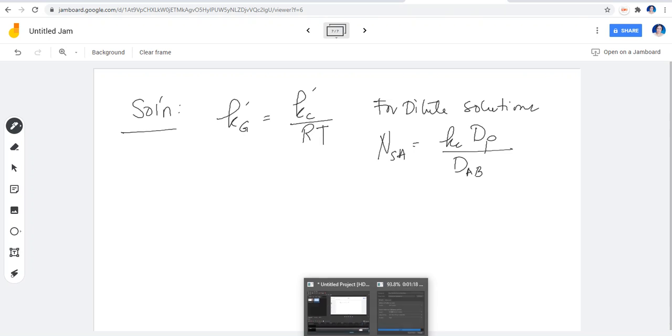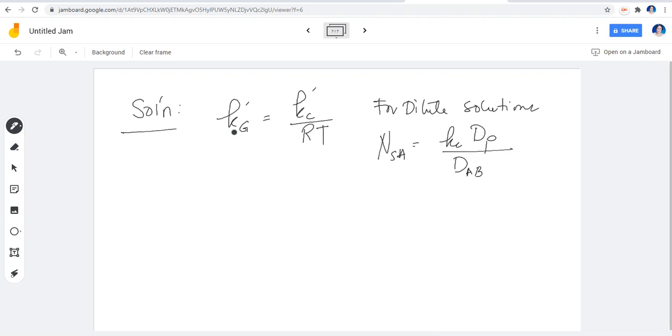Okay. Now, if I want the K sub G prime, I need to determine the K sub C prime. This is one of my unknowns. I need to find this, so I need to determine the K sub C prime, which is just equal to K sub C for dilute solutions. We have already explained that in several sample problems. So these two are just the same.